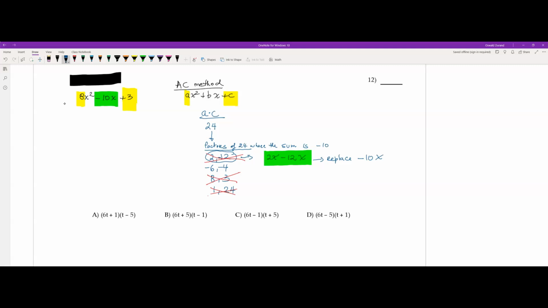So negative 6x minus 4x should replace negative 10x. Okay, so let's do it. We have 8x squared minus 6x minus 4x plus 3.